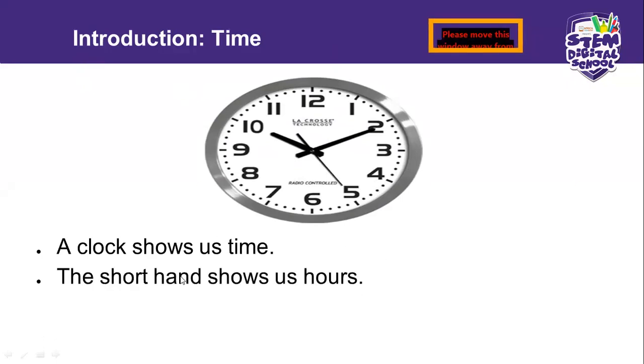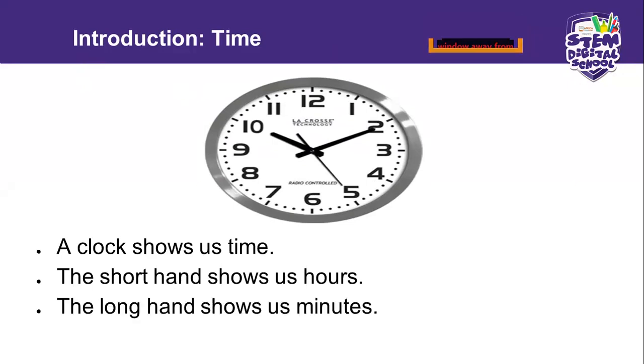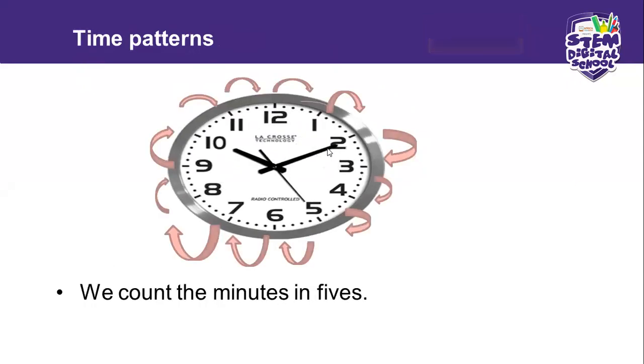The short hand shows us hours. And then the long hand or the long arm shows us minutes. Okay. We count the minutes in fives.